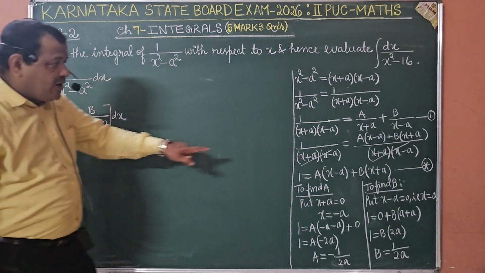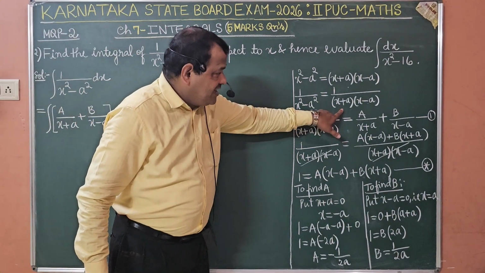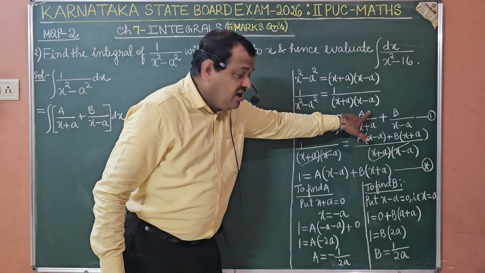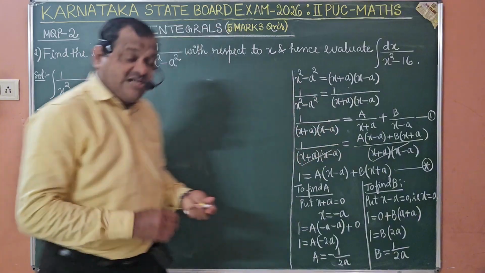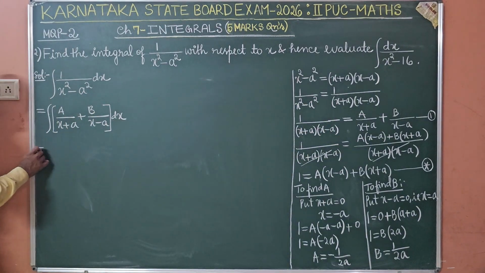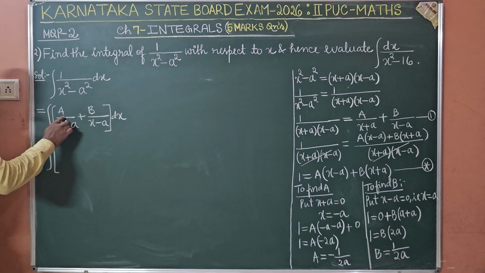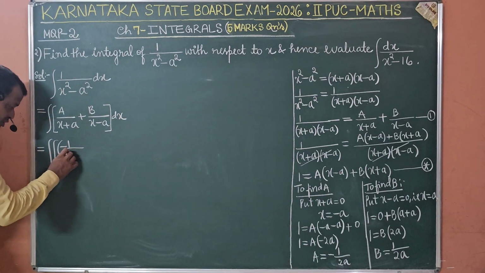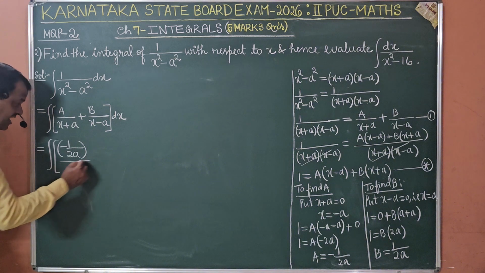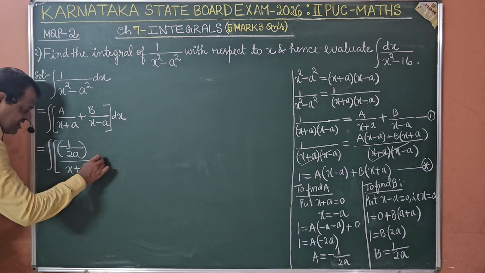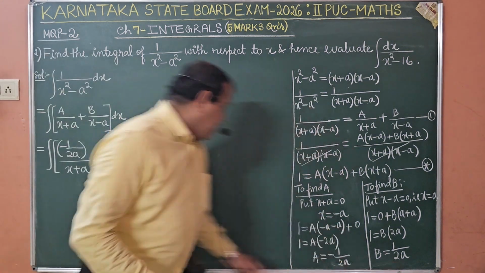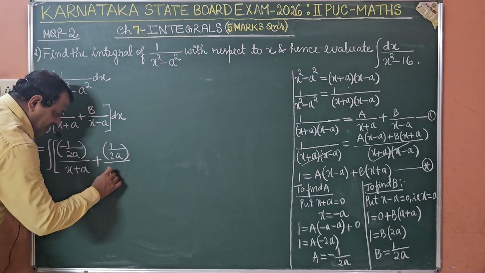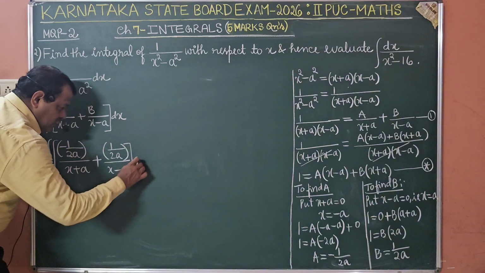This is because 1 by x square minus a square is 1 by x plus a into x minus a, but that is capital A by x plus a plus capital B by x minus a. Therefore, look at this. Capital A is minus 1 by 2a, divided by x plus a as it is. This plus capital B is 1 by 2 times small letter a, divided by x minus a, dx.